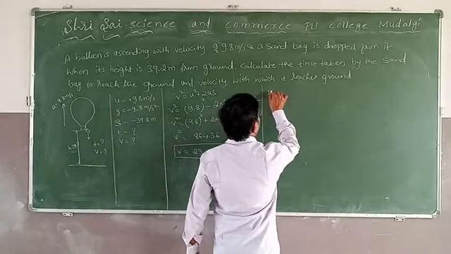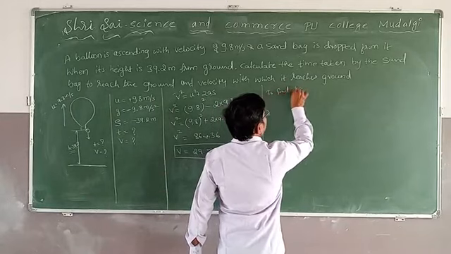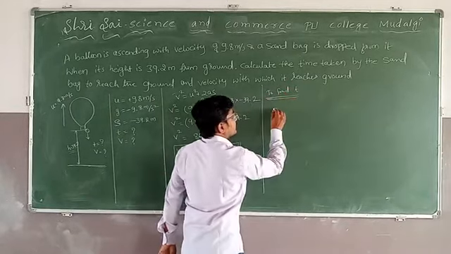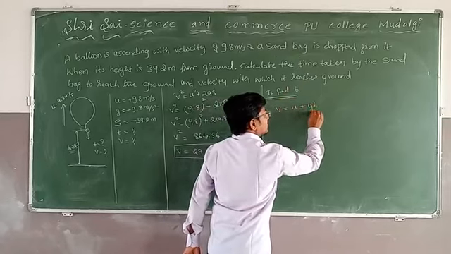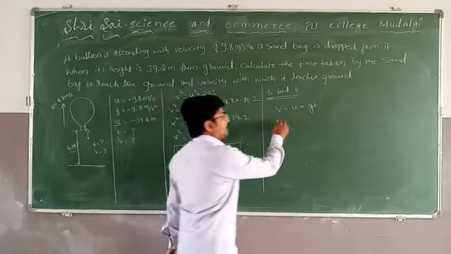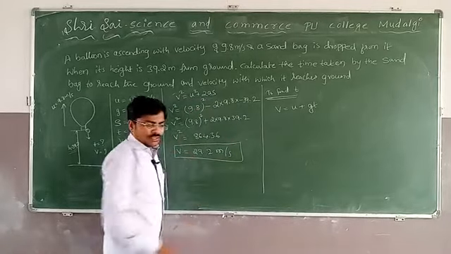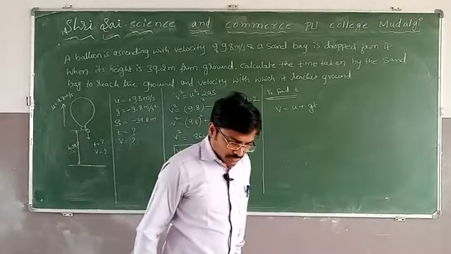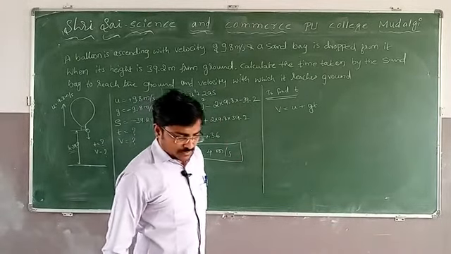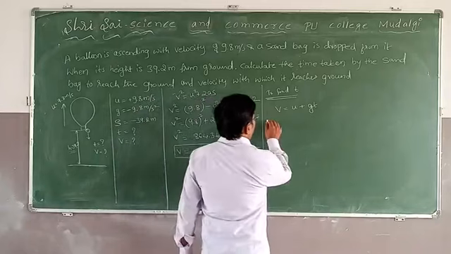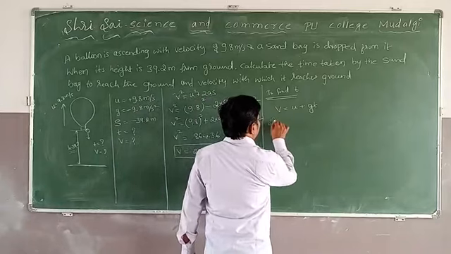Because one more thing, to find the T, V is equal to U plus AT or GT. V is equal to U plus GT. V value is given, calculated. V value is 29.4. Okay, V value is given 29.4.